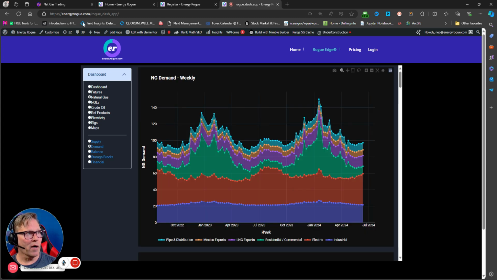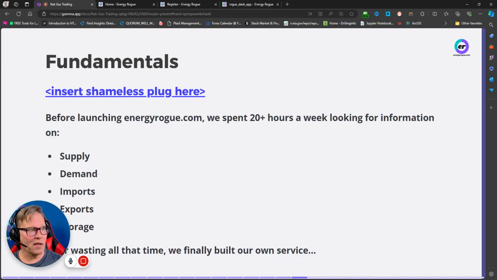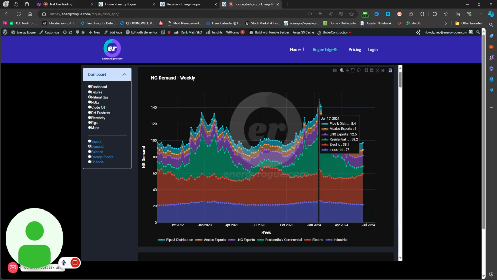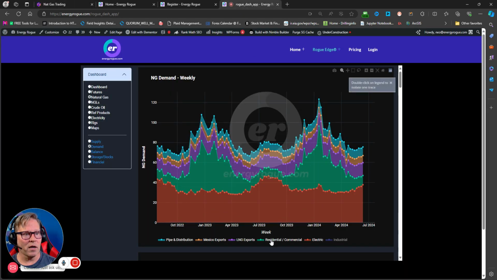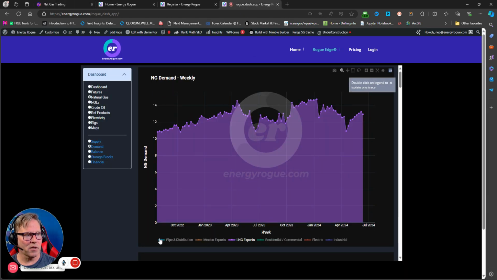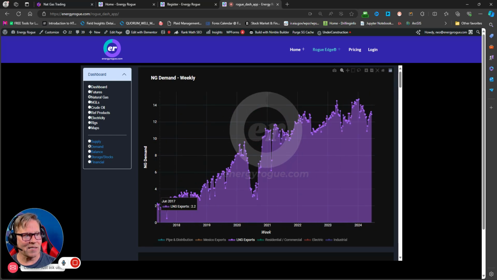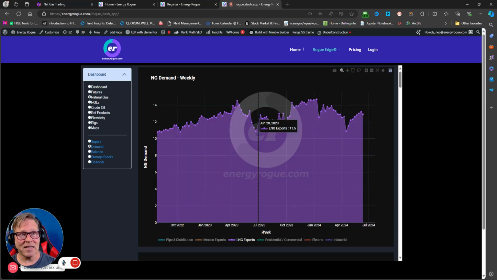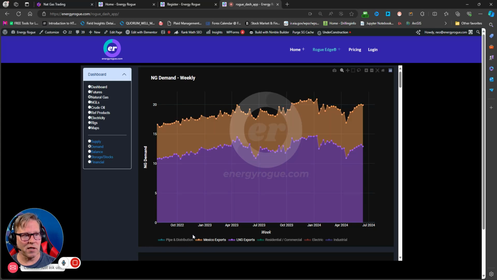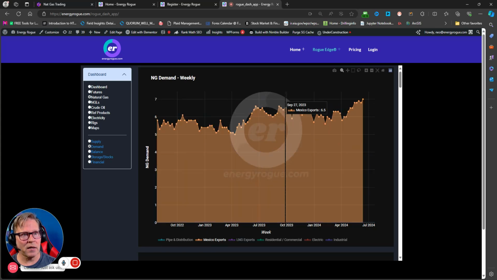For instance, on the export side of the equation. That is another variable that is very, very important. Let's take a look at LNG, and with a few clicks of the mouse, I can see that in 2017 we were at 2.8 and we're up over 14. That's a significant, significant increase, especially when you add in Mexico that has been growing.